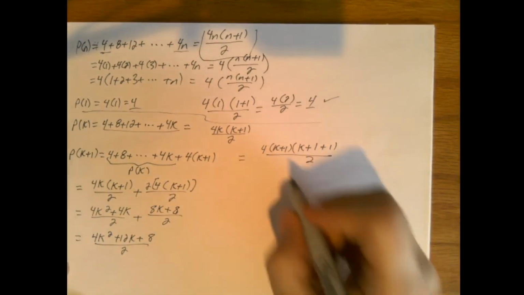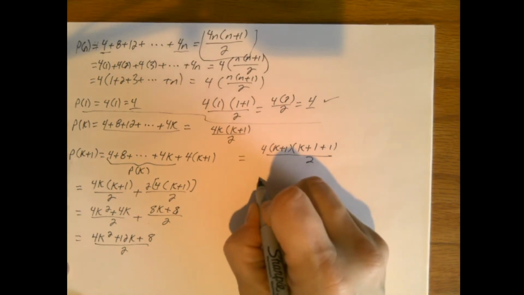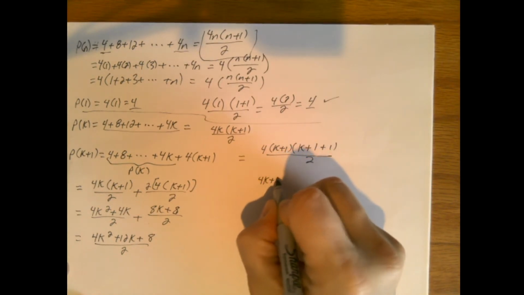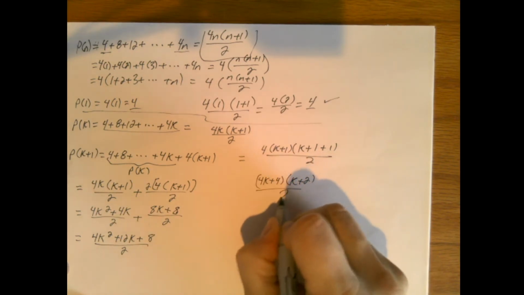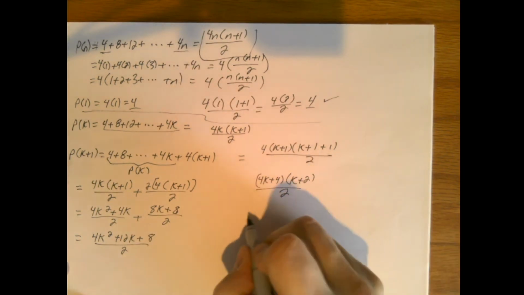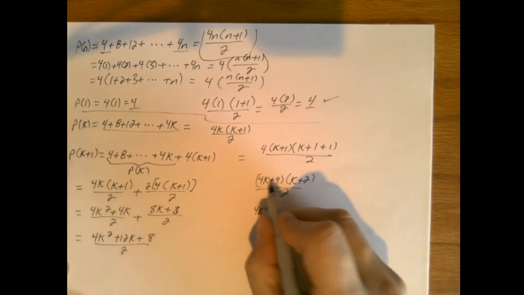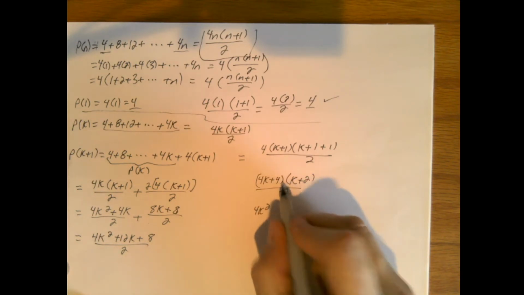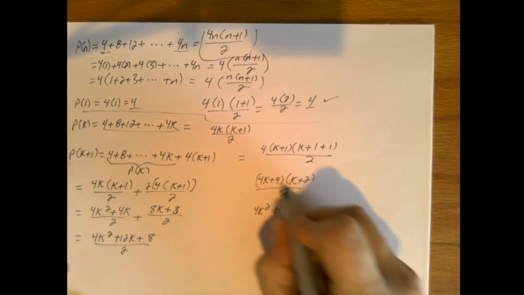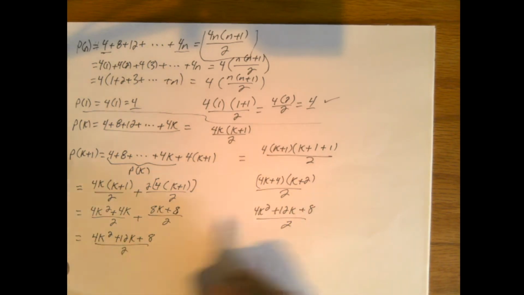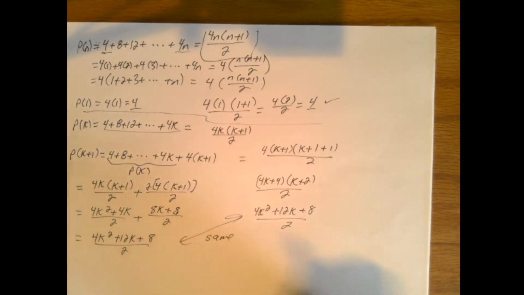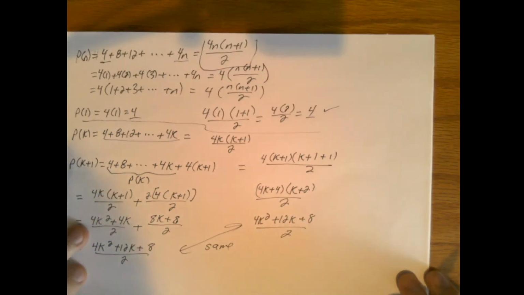And what does this work out to be? 4k plus 4 times k plus 2 over 2. So this would be 4k squared. That'd be 8k plus 4k is 12k plus 8 over 2. 4k squared, 12k, 8, all divided by 2. So it's the same.